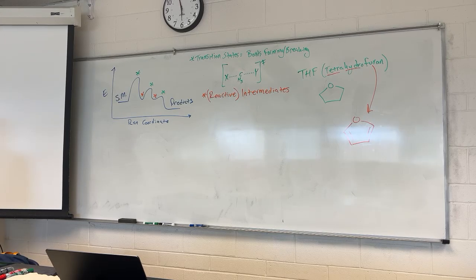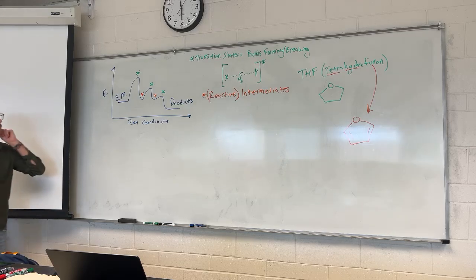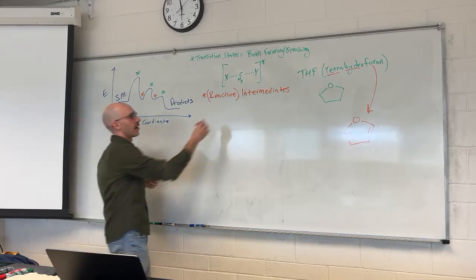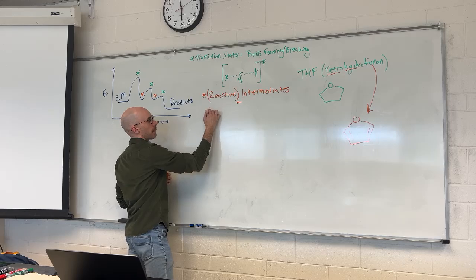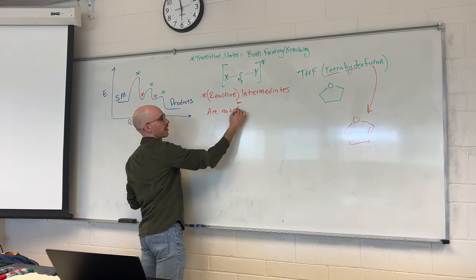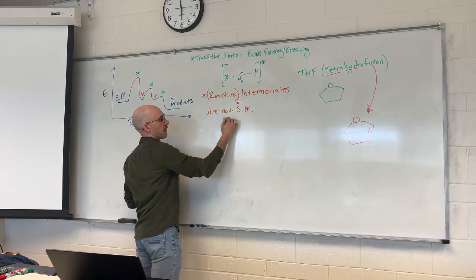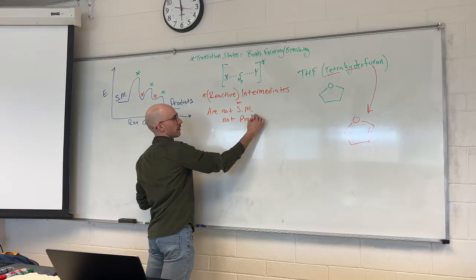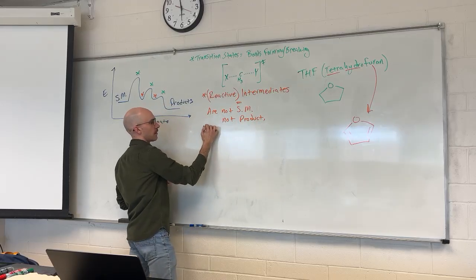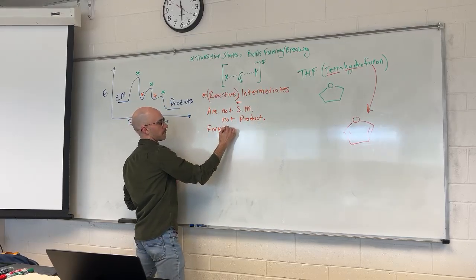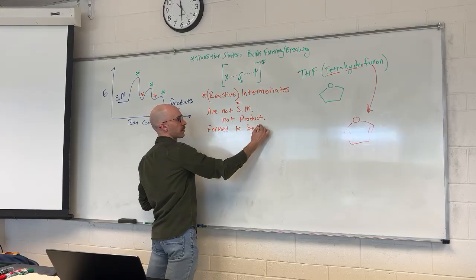It's not done reacting. It's a high energy species that is going to continue making or breaking bonds. These are things that are not the starting material and not the product, but formed in between these two.